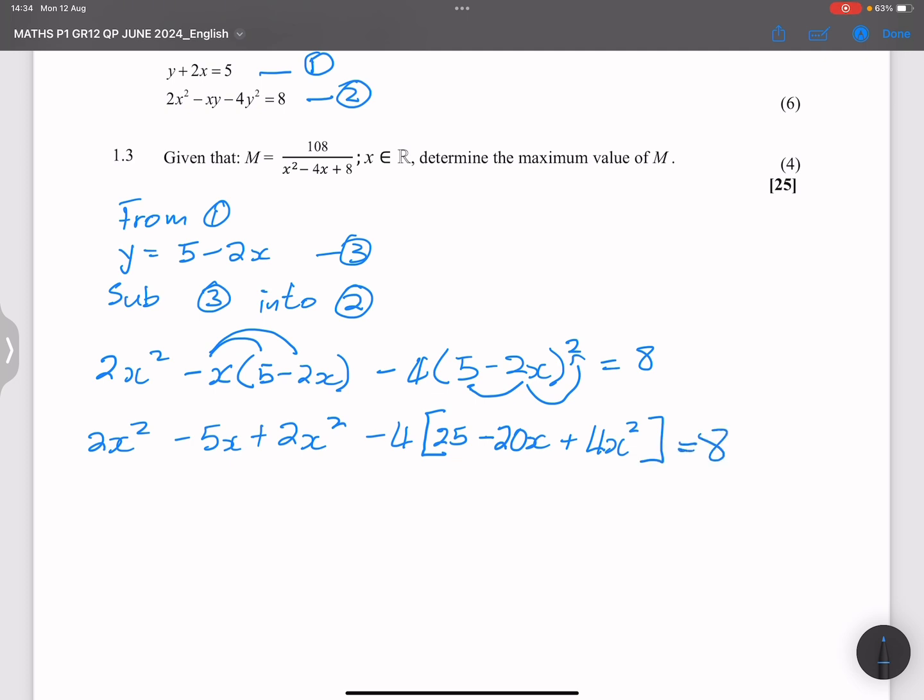So let's add everything up and let's see what we get. 2x squared plus 2x squared gives us 4x squared, minus 5x. I'm going to multiply the 4 into the rest of the equation. That gives us minus 4 times 25, which is minus 100, plus 80x.